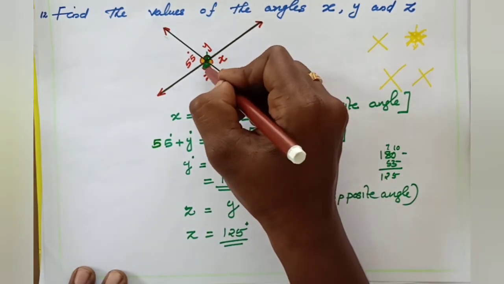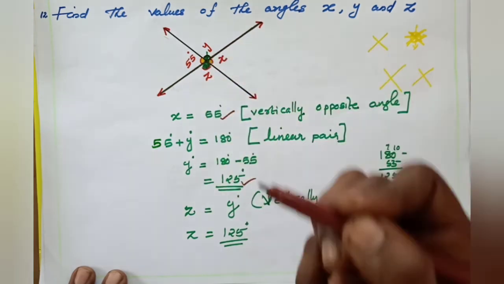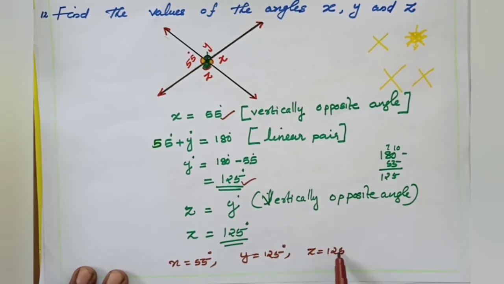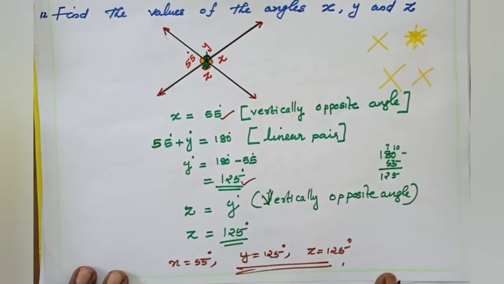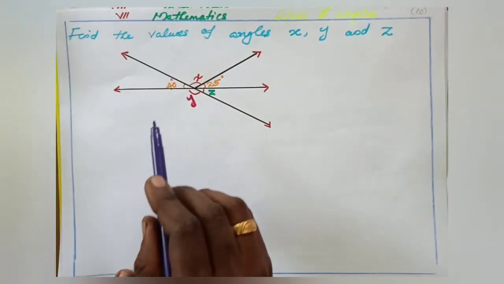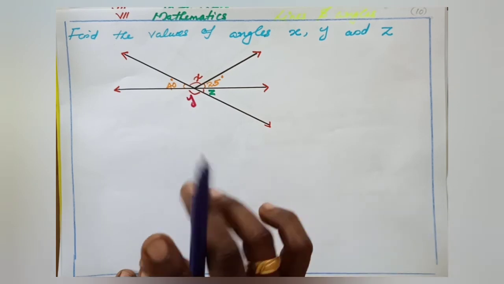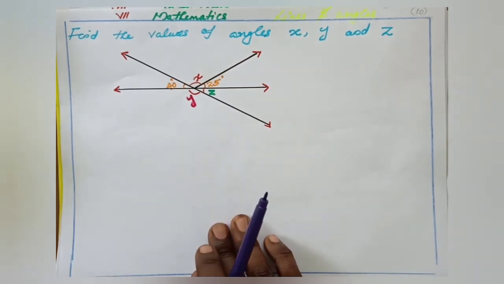Y and z are vertically opposite angles, so z equal to 125 degree. So x equal to 55 degree, y equal to 125 degree, and z equal to 125 degree. Okay, understood all of you? Next question. Find the values of angles x, y and z in this figure.